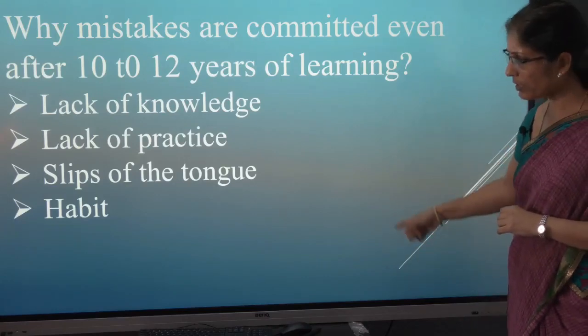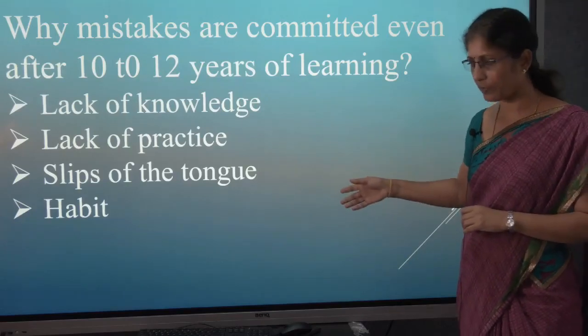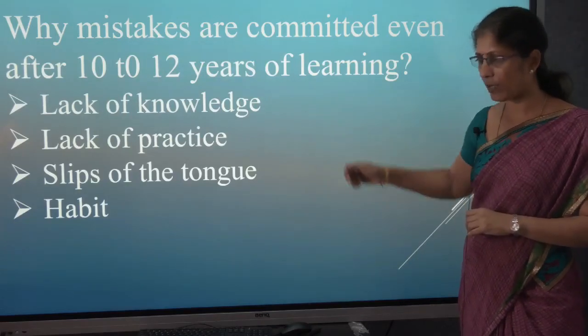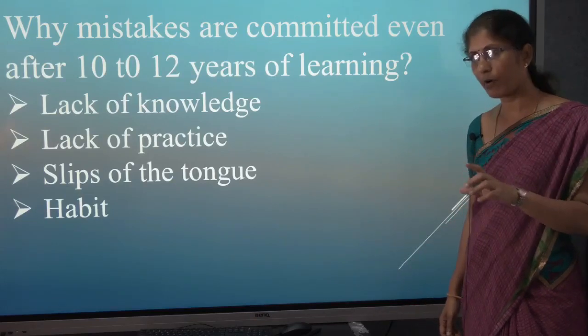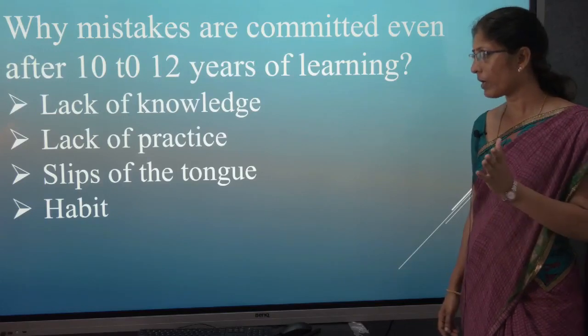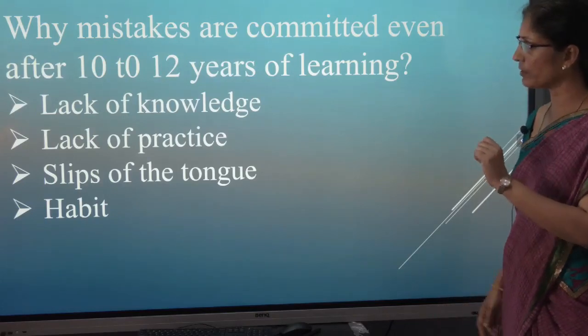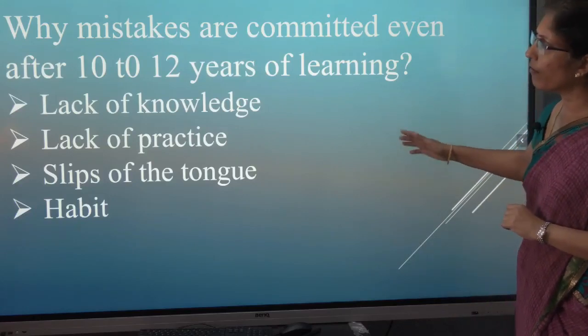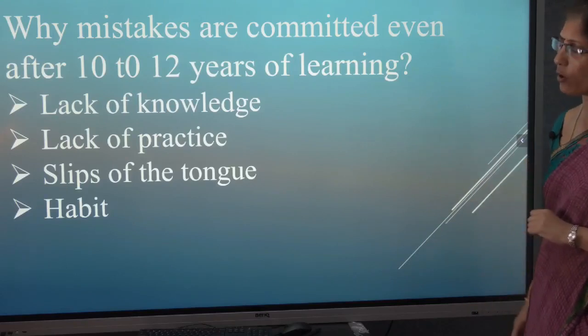But if you see these write-ups, whatever I have shown, five or six write-ups, almost all are at A2 and B1 level. The test was conducted on grammar and expressions. They are good at using grammar and expressions. But then why did they fail when they were asked to write just a small essay on their experience?